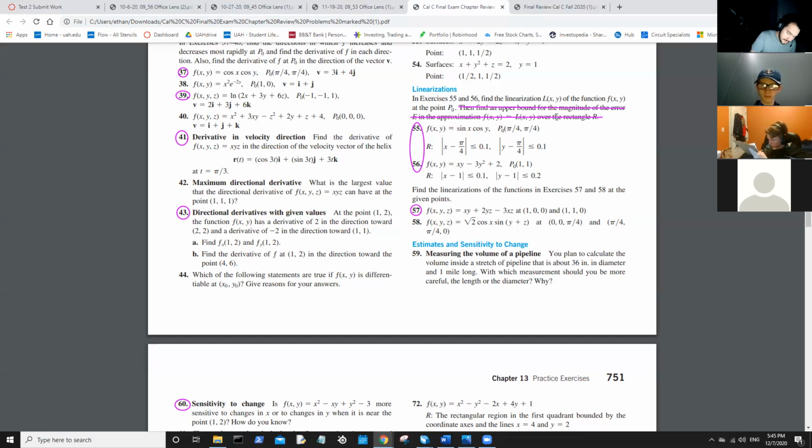The partial with respect to x is just going to be cosine x cosine y, which evaluated at the same point is technically cosine squared of pi over 4, but we'll talk about that later.